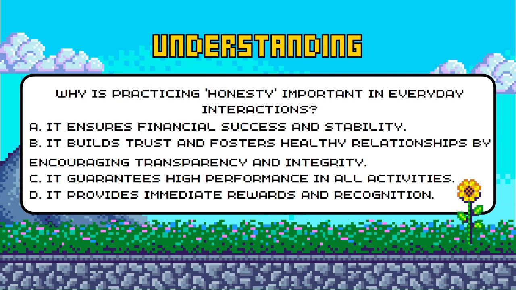Why is practicing honesty important in everyday interactions? This question asks the students to explain ideas or concepts. Understanding involves grasping the meaning of information and being able to explain why something is important, as seen here in the question.